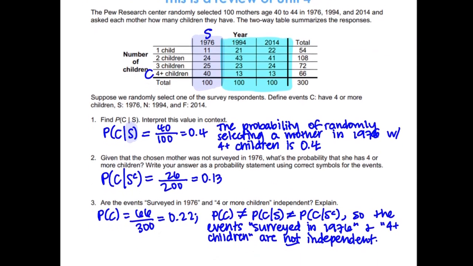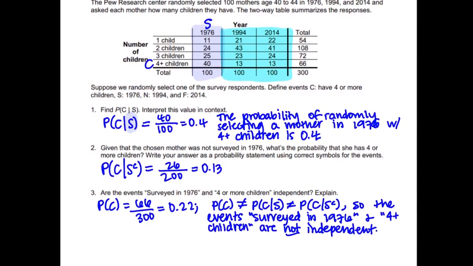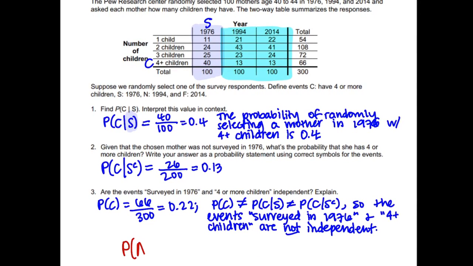Then independent events, if you remember, we have P of A should equal P of A given B and P of A given not B. If any of those three don't equal each other, then they're not independent. That just means that B has no effect on A. A will occur the same proportion of times whether or not B happens.